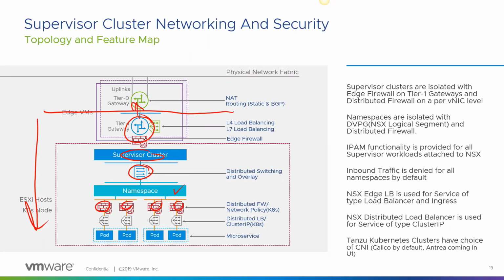When I call on, as the DevOps operator, a service of type cluster IP, what's going to happen is a distributed load balancer will get created to ensure east-west load balancing without unnecessary egressing of traffic outside of the host to an edge node to be load balanced, only to be returned back potentially to the same host, or worse yet, to another host, right?